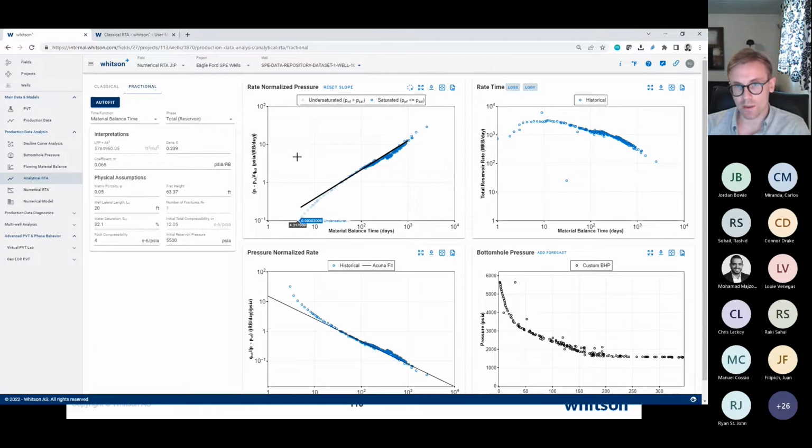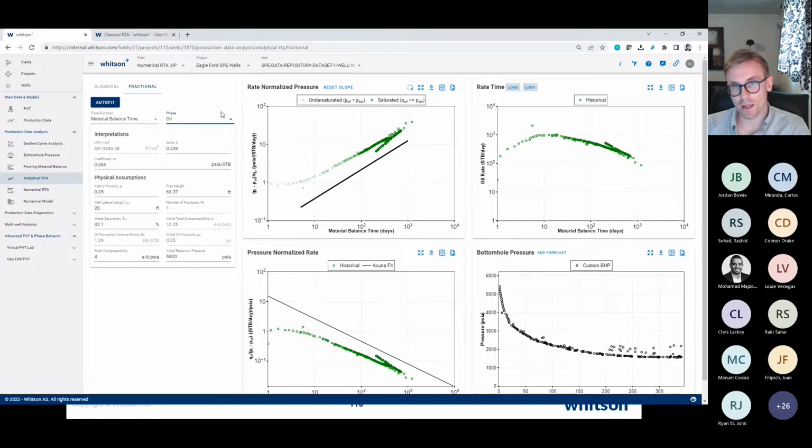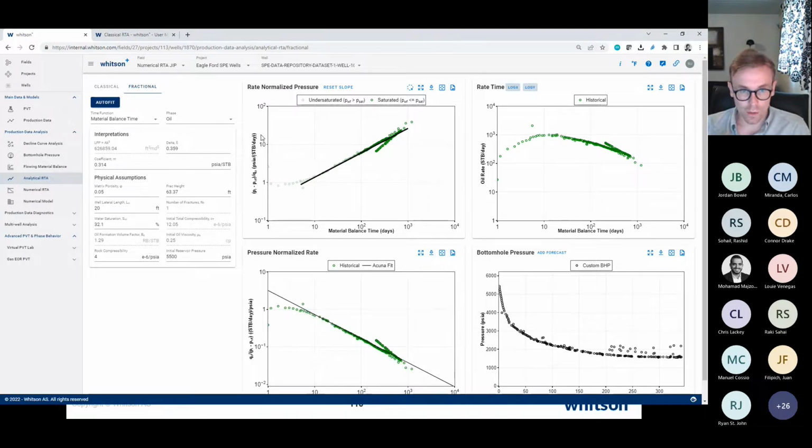Here we see an example with total reservoir fluids, and here we see another one for oil. So that's one of the main things that I wanted to show here.